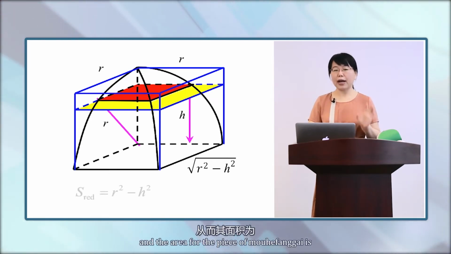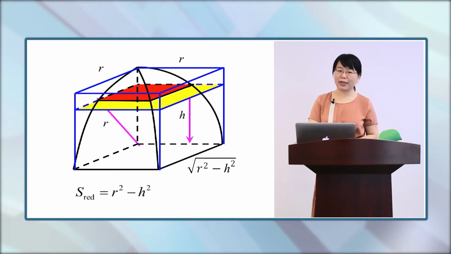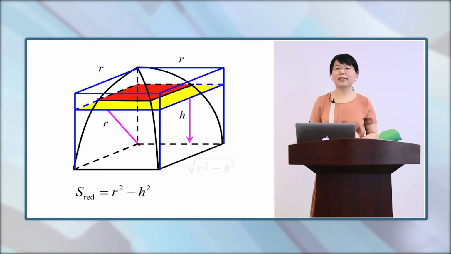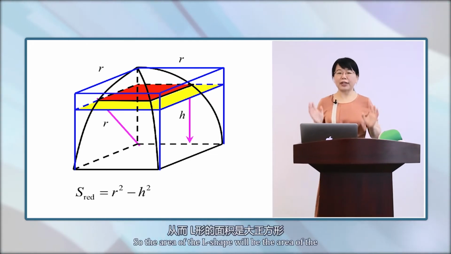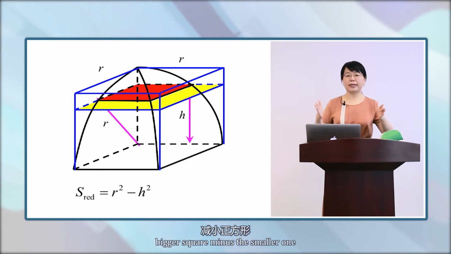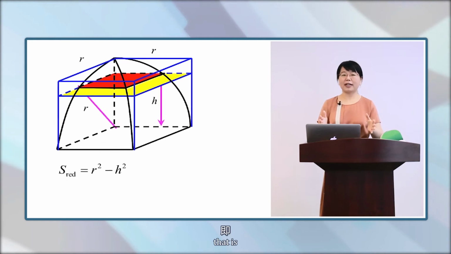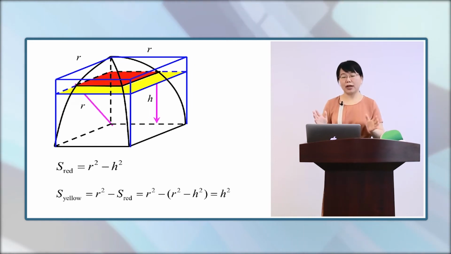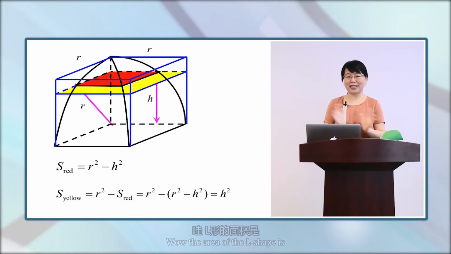And the area for the piece of Mohe fungi is r squared minus h squared. So the area of the L shape will be the area of the bigger square minus the area of the smaller one. That is r squared minus (r squared minus h squared), and it's equal to h squared. Wow, the area of the L shape is h squared.